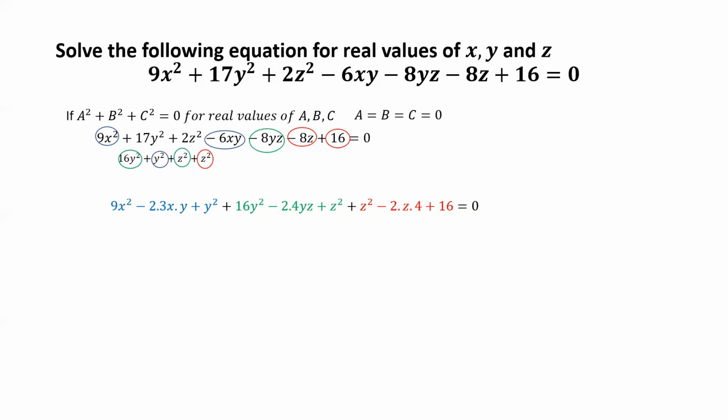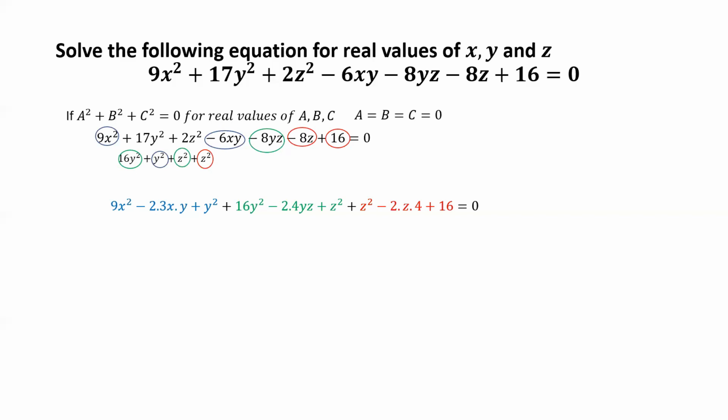We can write 9x squared minus 6xy, breaking it down as 2 multiplied by 3x multiplied by y, plus y squared. That's one set of terms that I indicated in blue.